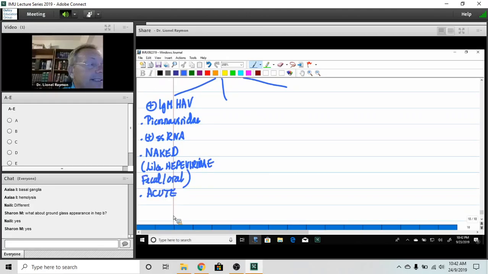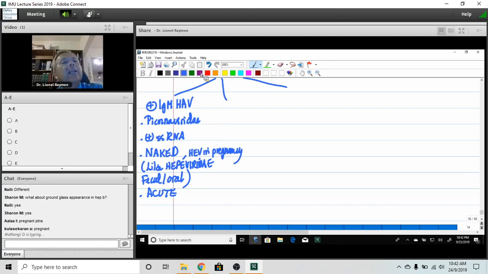For hepatitis E, it's really an issue primarily in which patient for Hep E? That's right, in pregnancy. That would be an issue. So that would be one type of serology where we don't do too much.